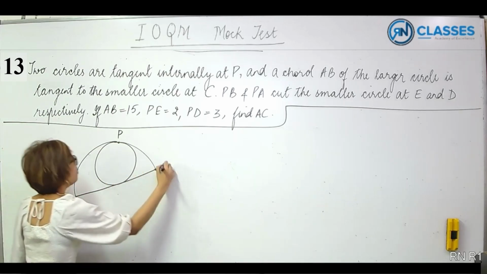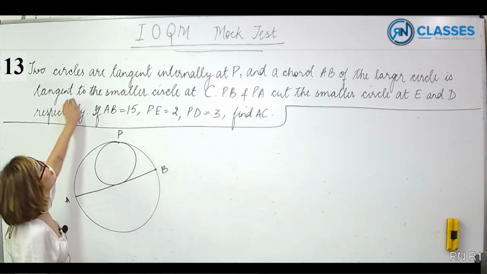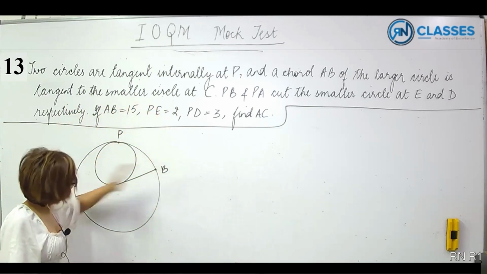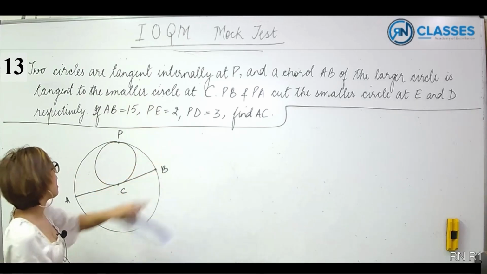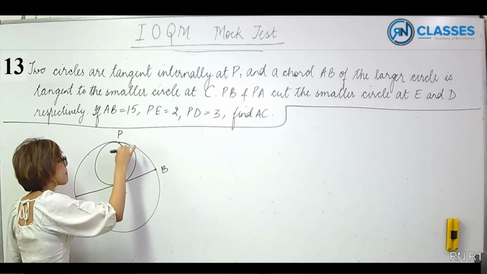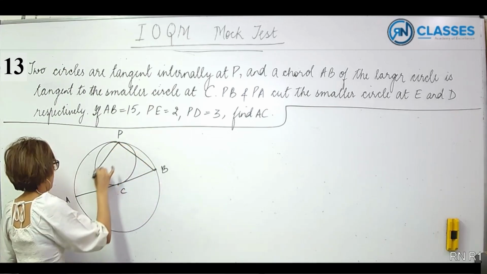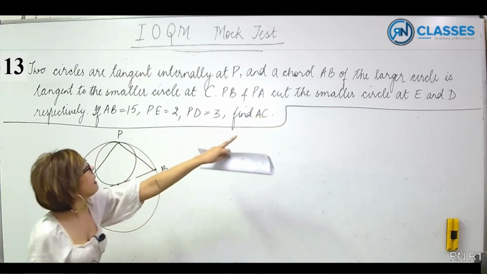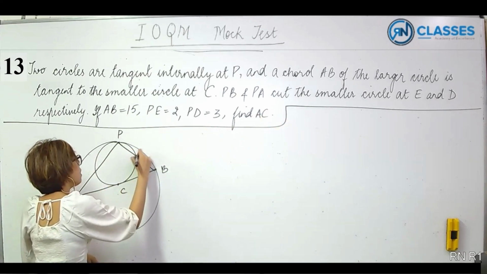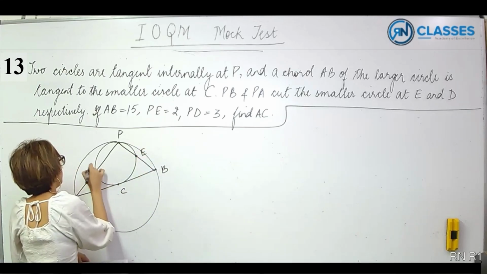And we know that chord AB is tangent to the small circle, so obviously tangent at C. He says to join PB and PA. Done. PB and PA cut the smaller circle at E and D. So this is E and this is D.